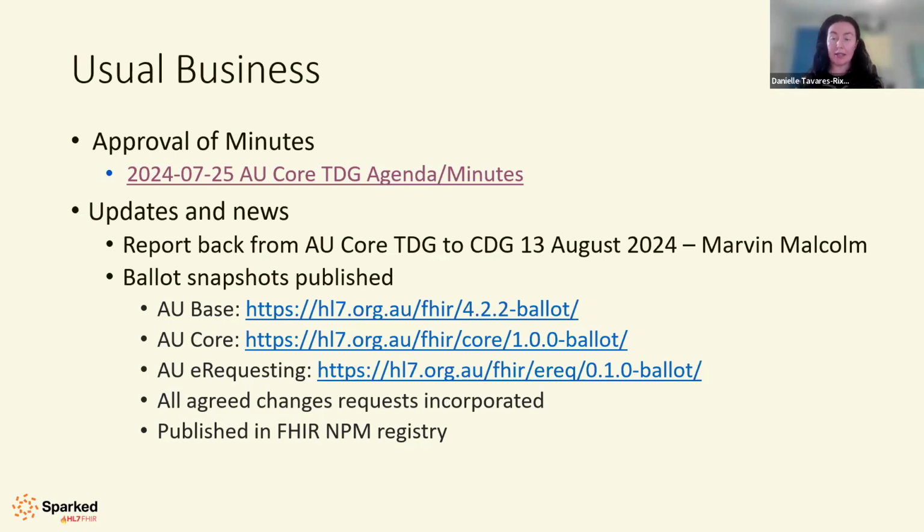So that's a lot of what today is going to be, along with talking through the logistics of our next meeting in the connectathon. And then if we have time, I'd like to actually walk through the AU Core IG that we have put out for ballot and what's in it, how does it work, what are the cool things that we managed to put in through reconciliation of our last ballot.